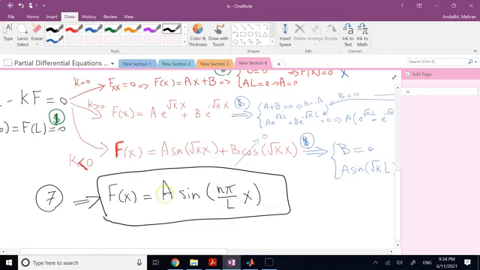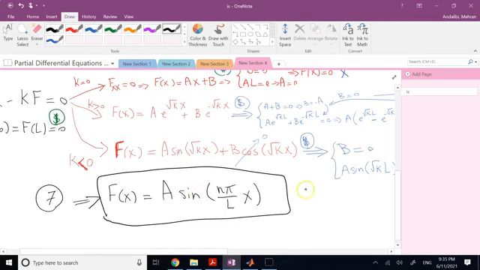And this a is an amplitude that you can find. So far so good, right? So far I found the general format. This a is just a constant. I found the general format of my f portion of the solution.